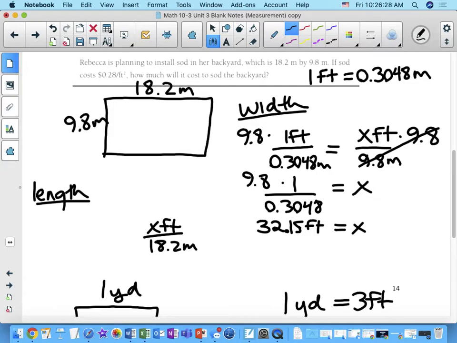I want to convert the 18.2 meters to feet. And then I've got to have that same conversion factor on the other side. So 1 foot in the numerator and 0.3048 meters in the denominator. Okay, and so the calculation is pretty much the same. You're just using a different value for the meters. Okay, so to isolate the feet here, I'm going to multiply by 18.2 this time on both sides.